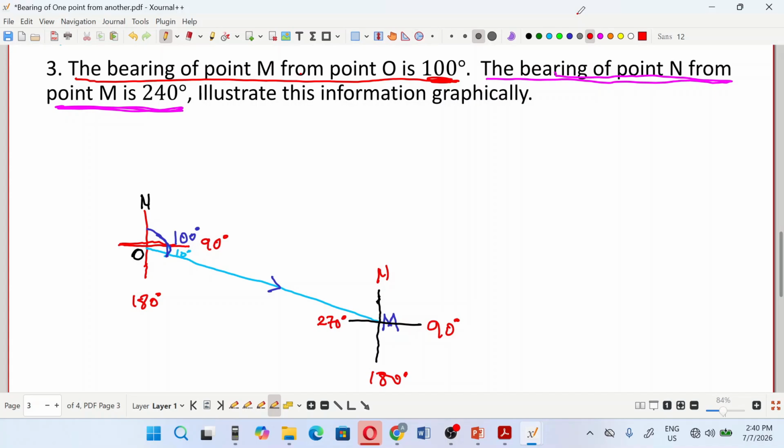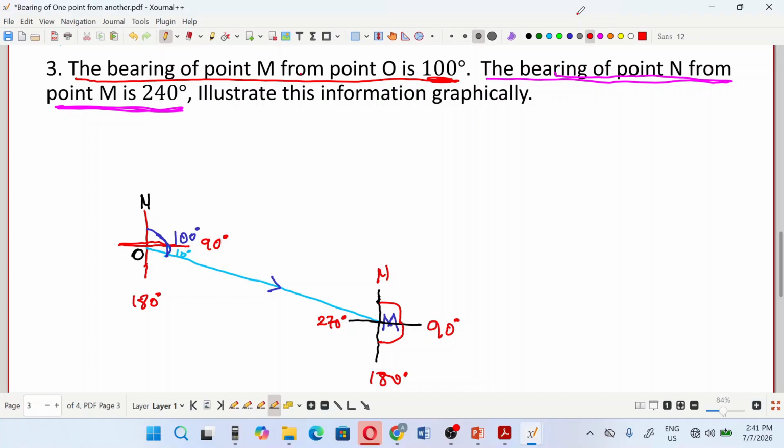And it says the bearing of N from the point M is 240 degrees. So from M, I'm looking for 240 degrees. And I know if I move from this point to this point, that's 90. If I move another, that's 90. I already have 180. So how much more do I need to add to 180 to be able to get to 240, right?